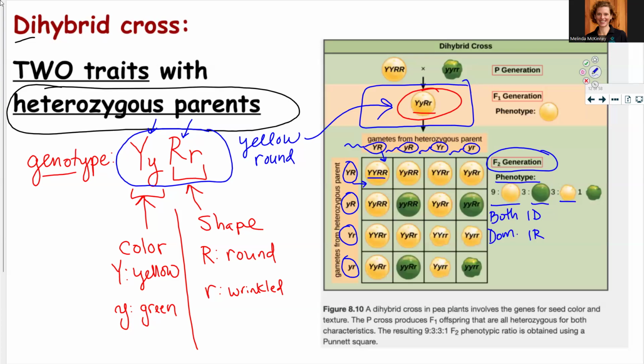Then there's another 3, which again has 1 recessive phenotype and 1 dominant phenotype, okay? And then there's a single one out of the 16 that has 2 recessive phenotypes, okay? So in this case, they're both recessive. So 1 out of 16 offspring is going to be wrinkled and green, right?